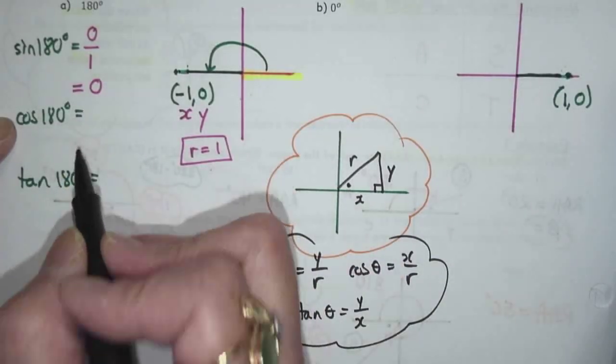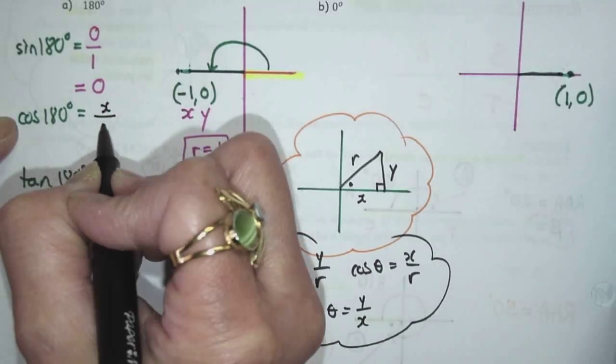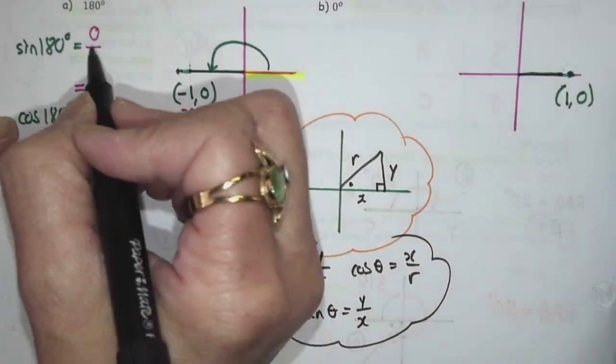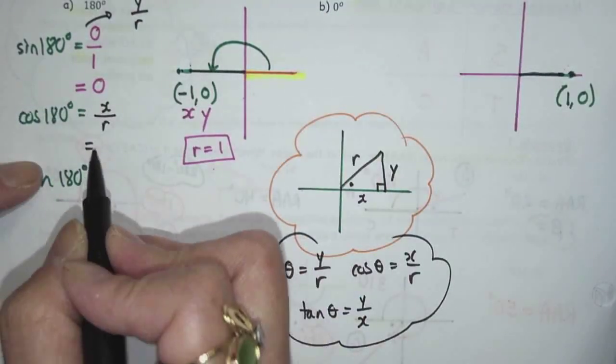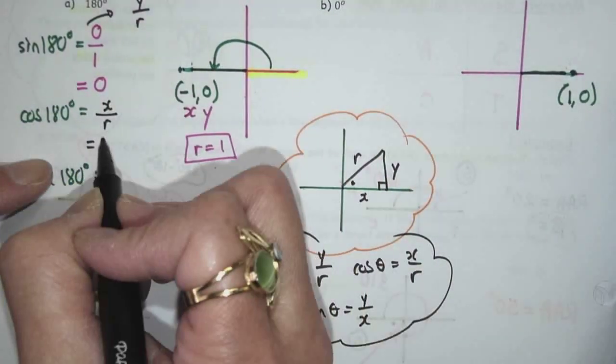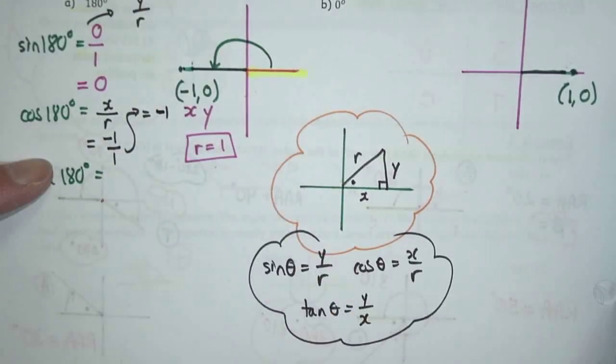And you can even write x over r if you want. Do you want me to write x over r and then fill it in? Yeah, I could do that. Right, so here I could have added y over r. And then x over r is, x is -1, r is 1, so my answer is -1.